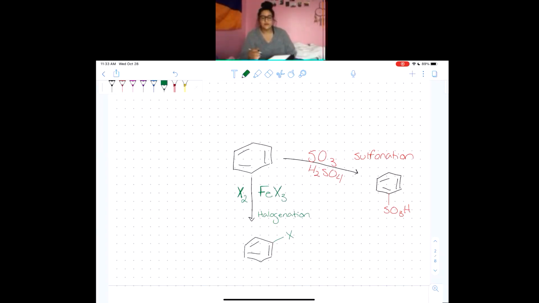I actually didn't draw the electrophile for the halogenation because we already covered it, but I will do that just for completeness. So the electrophile is going to be X plus and FeX3 minus.